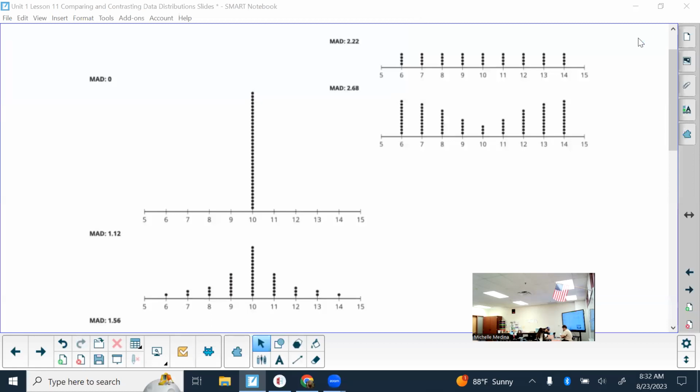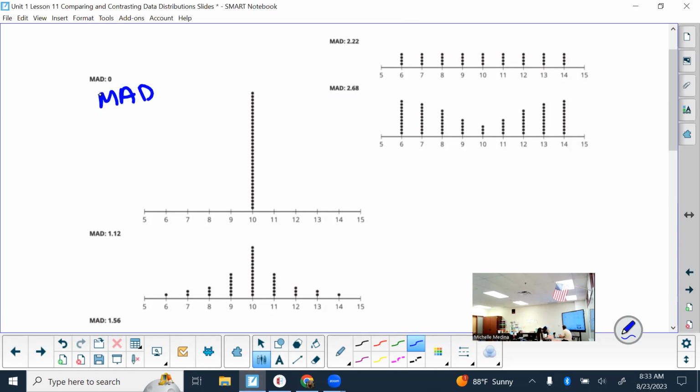So if you look, I know it's teeny tiny, might be hard for wherever you're at, so I'll try to write it bigger. These are the actual values for the MAD. They're all symmetric, so the MAD would have been good for all of them. So this one had the MAD of 0. This one's 1.12.